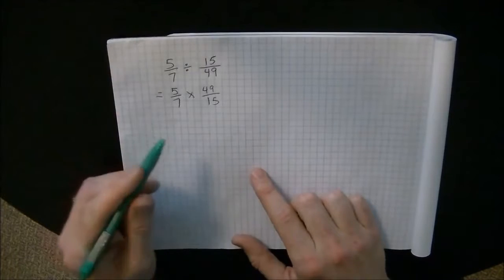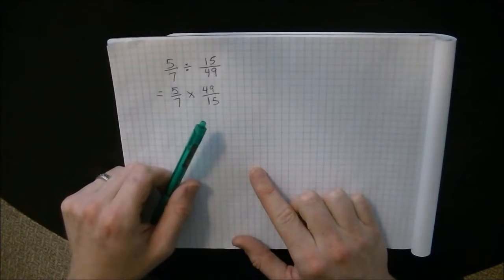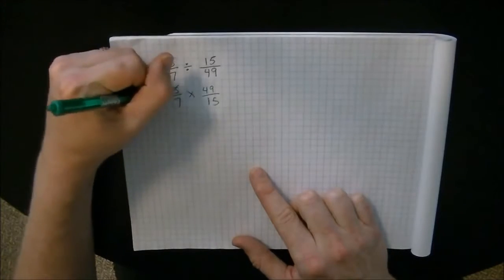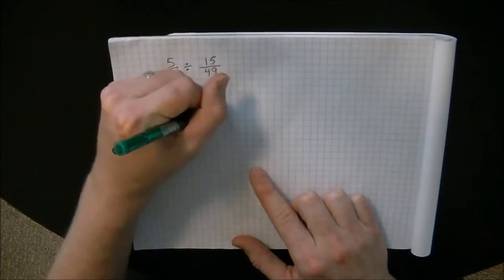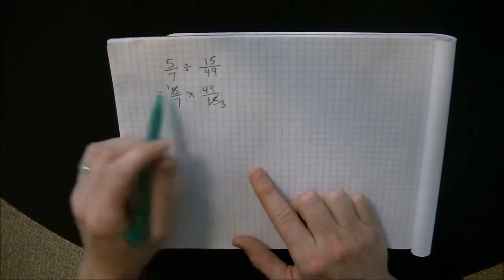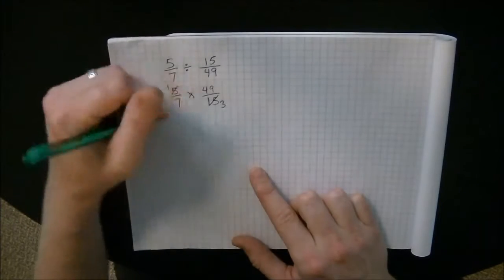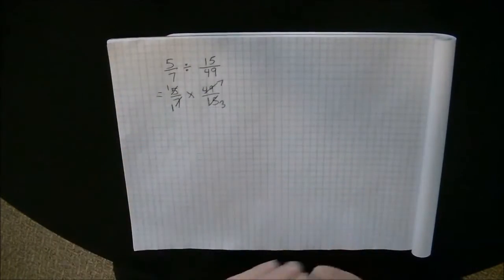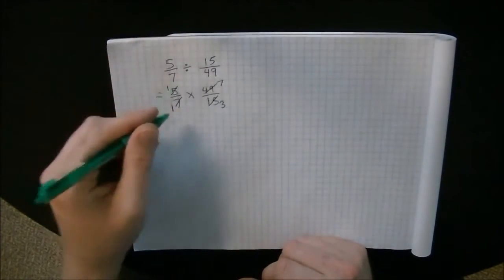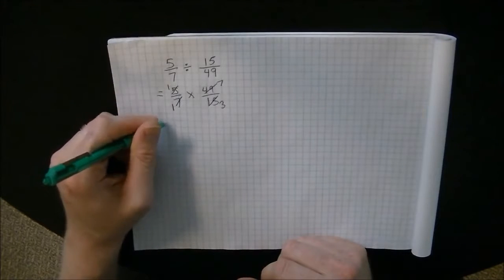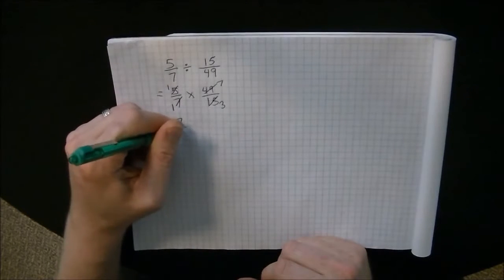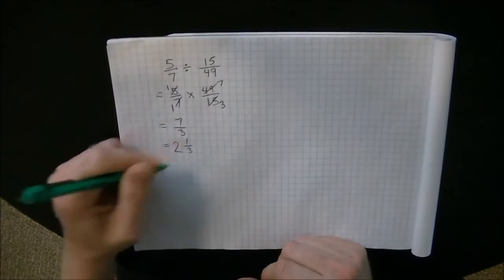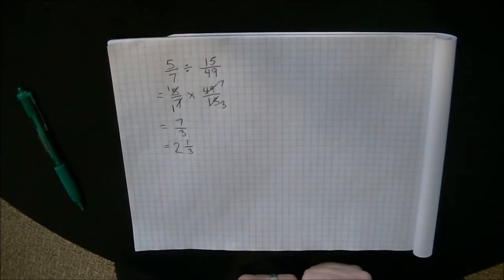Cool. Now I'm able to do some cancellations. 5 goes into 15 3 times and into itself once, and 7 goes into 49 7 times and into itself once. So I'm left with 1 times 7 and 1 times 3. So this ends up being just 7/3, or 2 1/3.